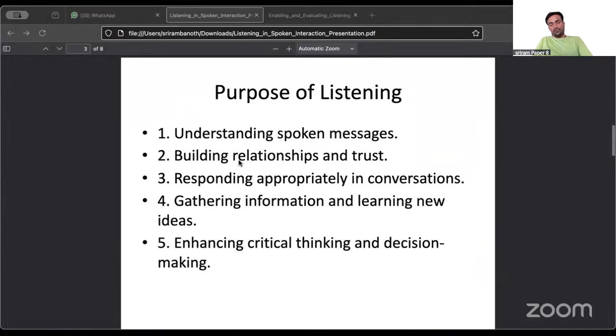Purpose of listening: understanding spoken messages, building relationship and trust, responding appropriately in conversations, gathering information and learning new ideas, enhancing critical thinking and decision making.